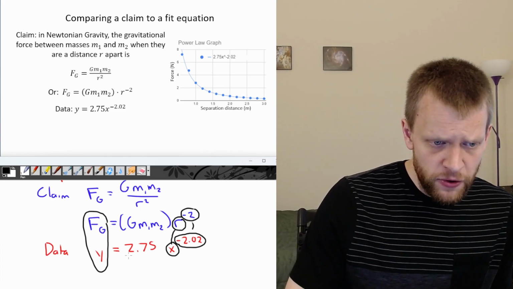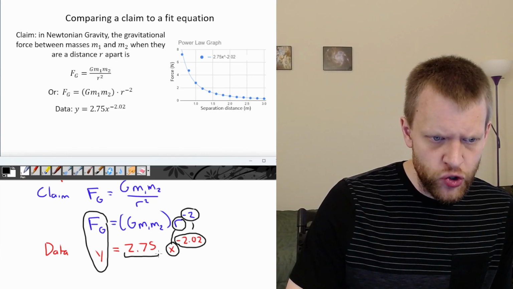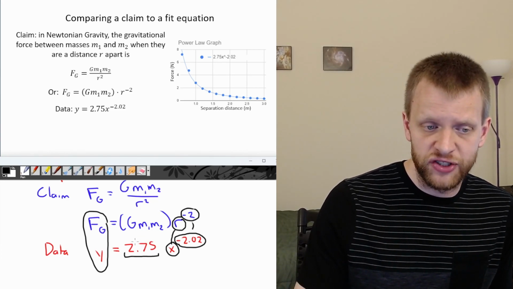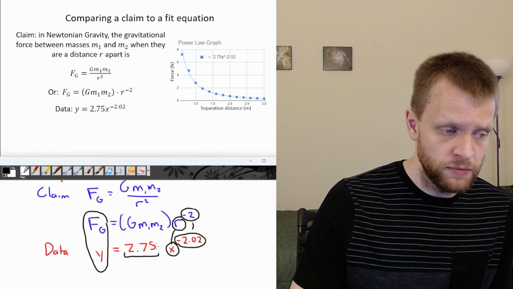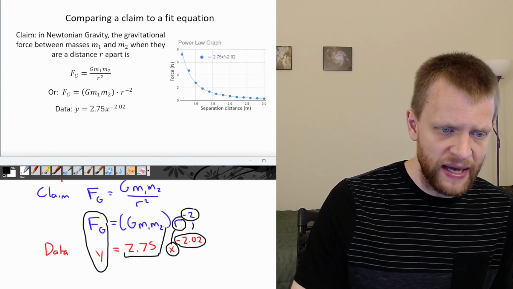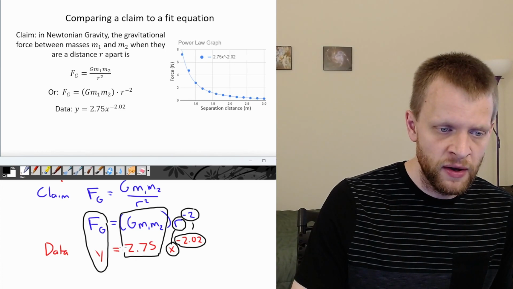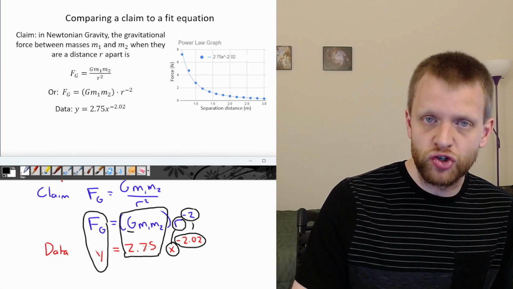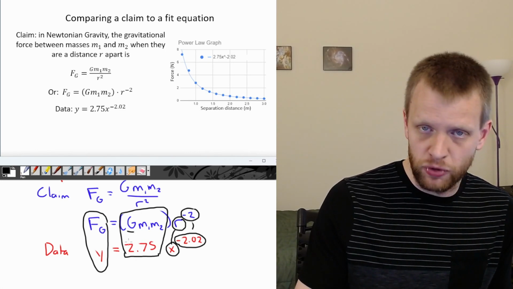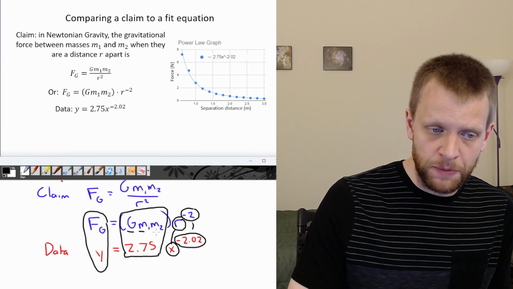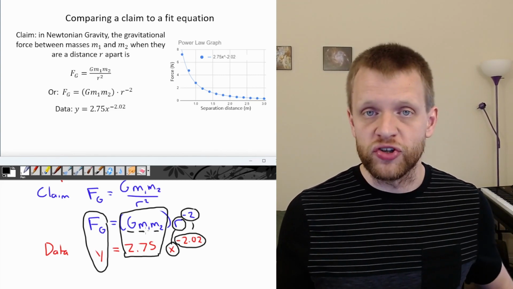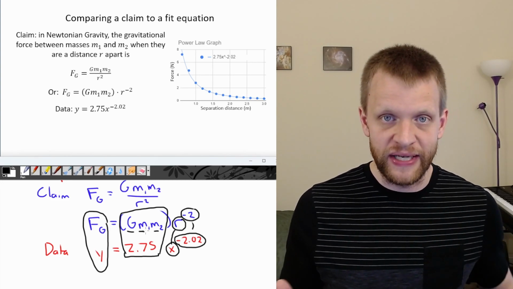If we went a step further, well, what should this 2.75 match up with? In this case, it would match up with this combination of Newton's gravitational constant, this capital G value, multiplied by the two masses that we were using in this equation.